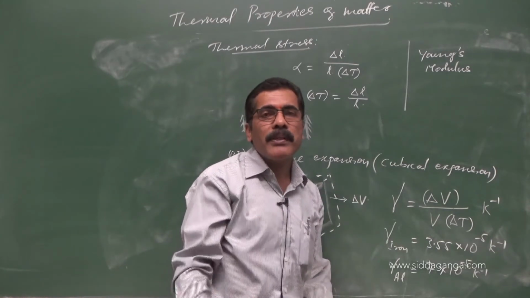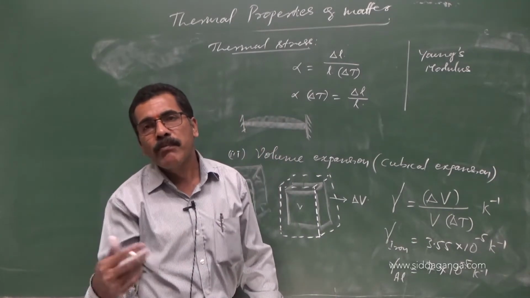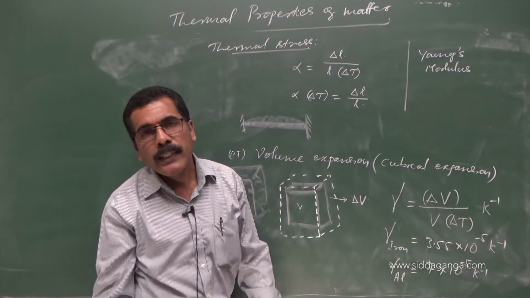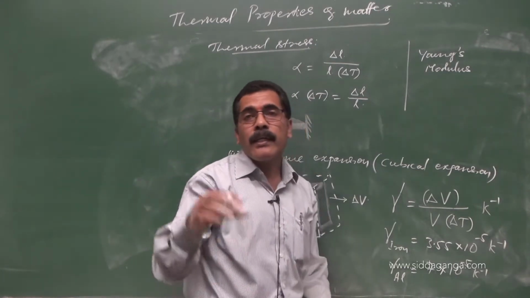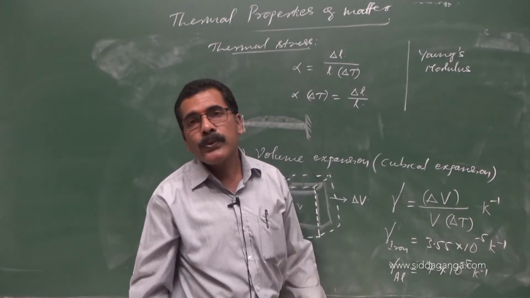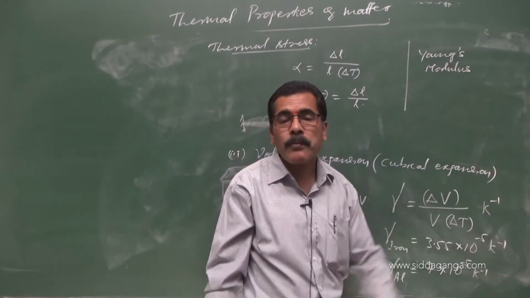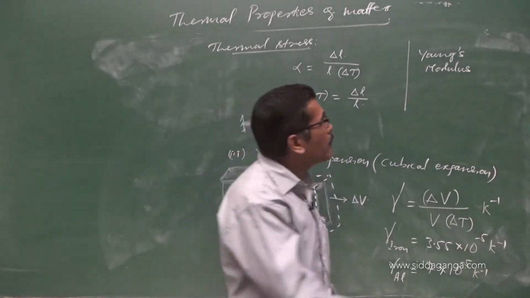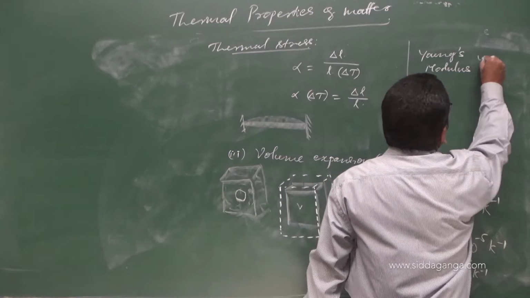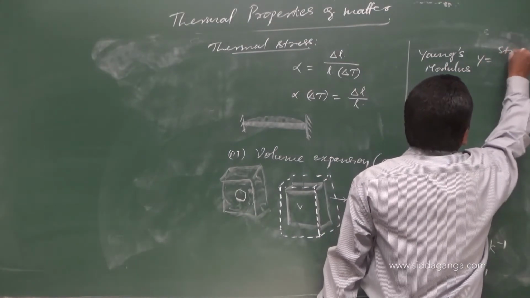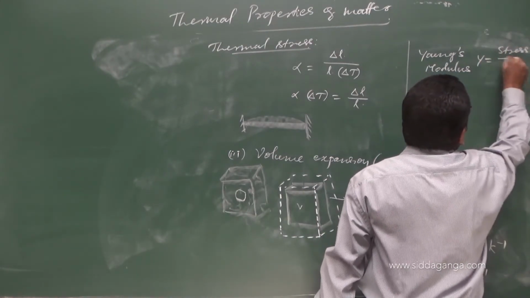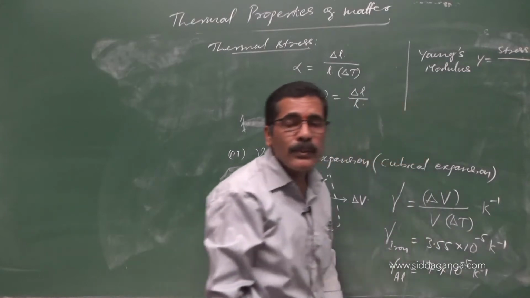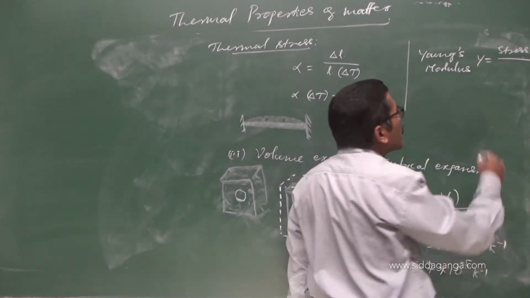Every elastic material or elastic body or every solid is characterized by an elastic constant called Young's modulus, and this Young's modulus is defined as the ratio of stress, longitudinal stress or tensile stress, to longitudinal strain.